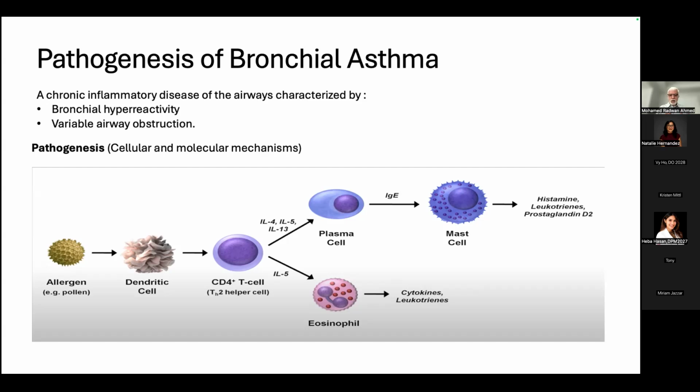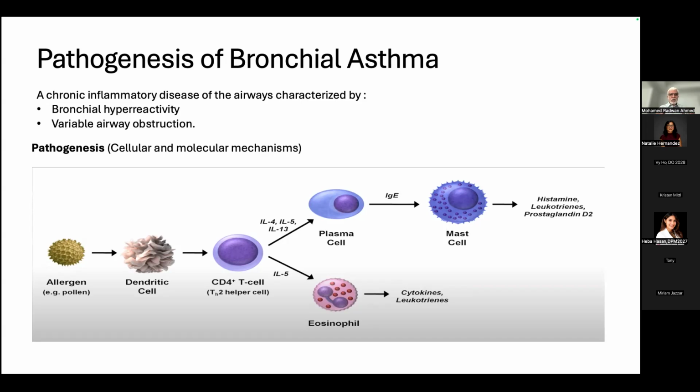So in this condition, the T helper 2 cell is gonna produce interleukins, which are molecules for the cells to communicate to each other. These interleukins, like interleukin 4, 5, and 13, produce stimulation of plasma cells, or they induce the plasma cells.